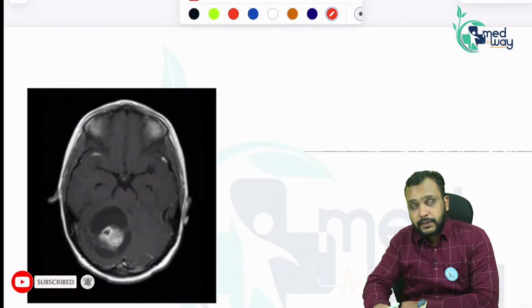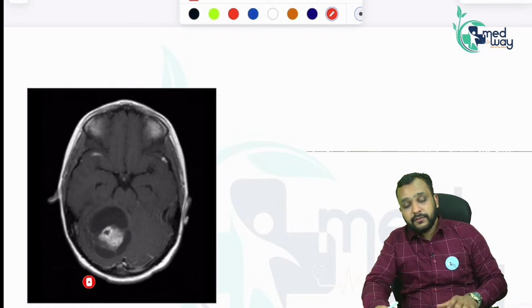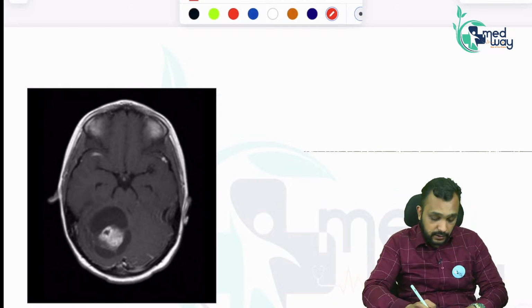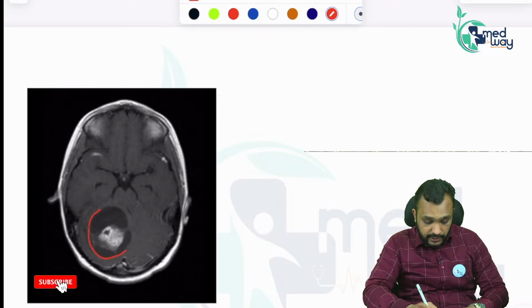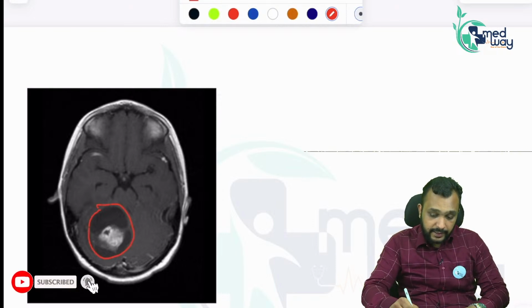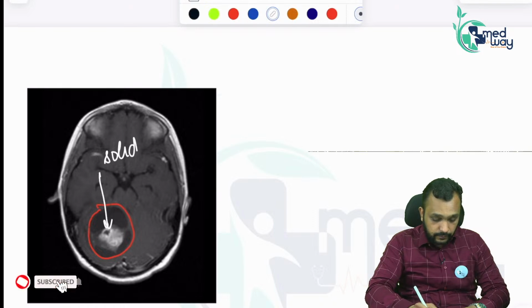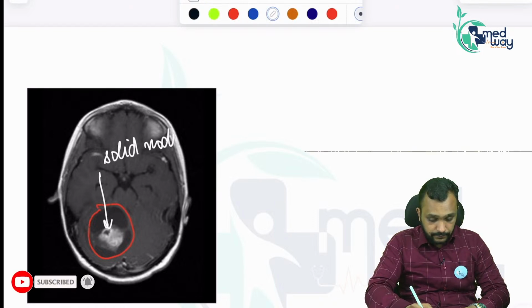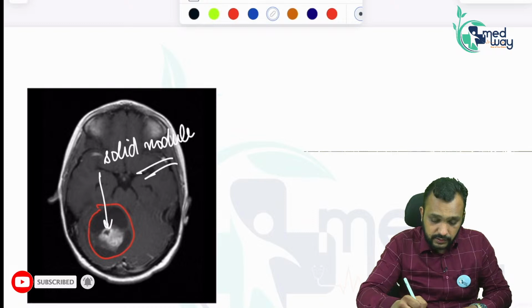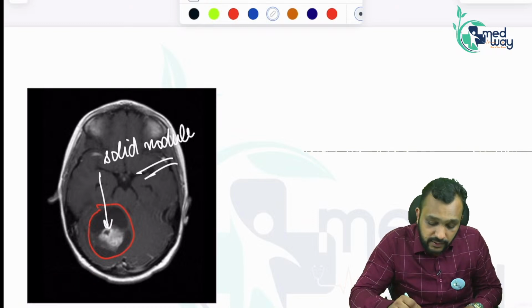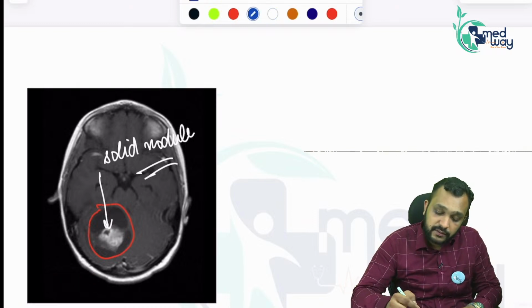So guys, this is the appearance which I was talking about. Here we can see a cystic lesion, and within this cystic lesion there is a solid component, that is your nodule. This appearance is characteristically shown by a few tumors which you guys should know.